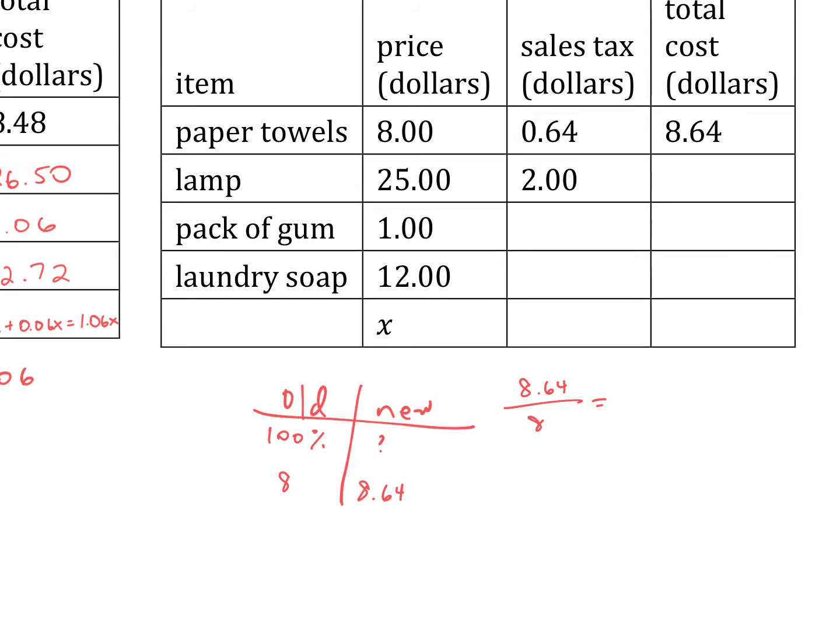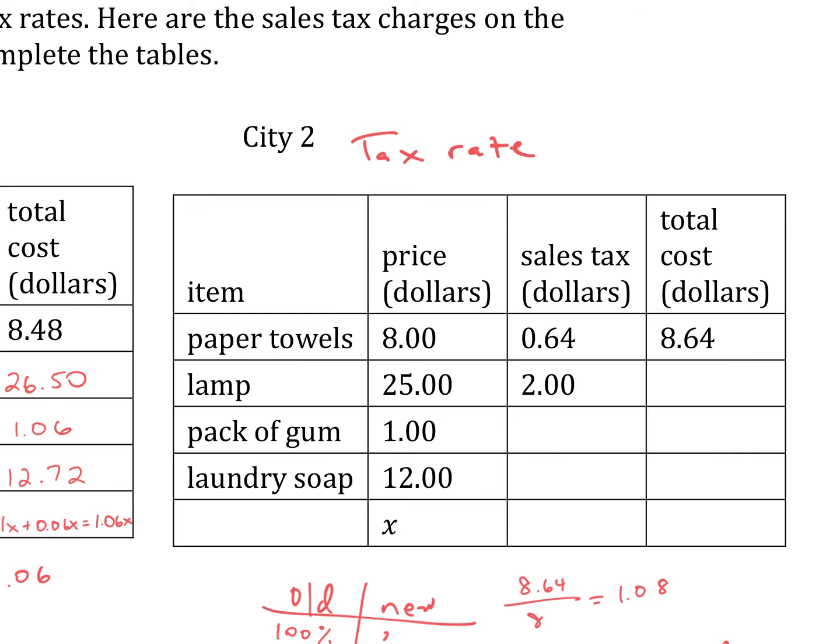In doing so, I get 1.08. So I know my constant of proportionality is 1.08. 100 times 1.08 is 108%. So I see that that's an 8% increase. So I know my tax rate is 8%.